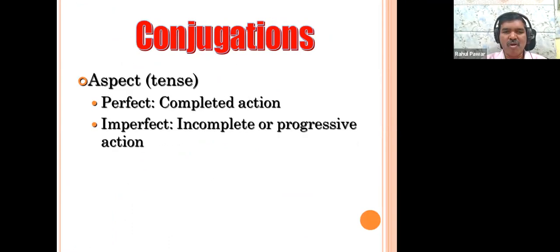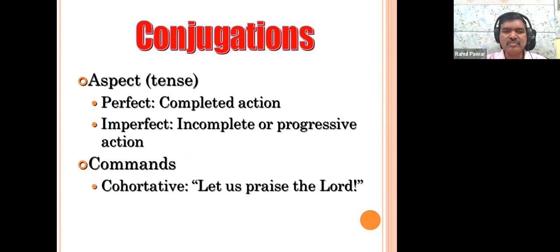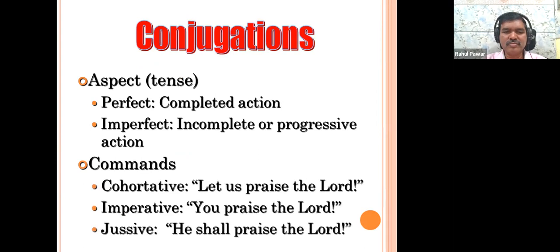Now, in every verb conjugation, aspect means tense. In Hebrew, strictly speaking, there is no tense. Whether it is past, future, or present is determined by the context.